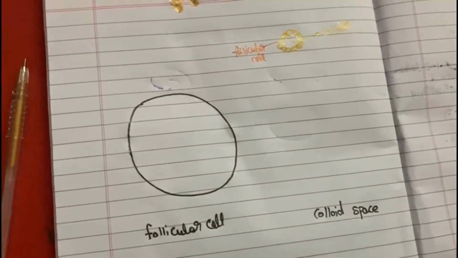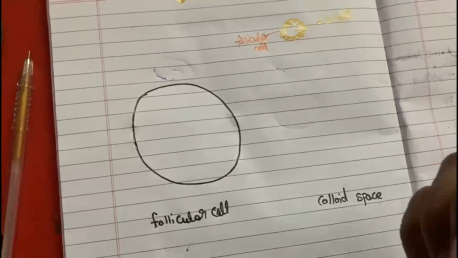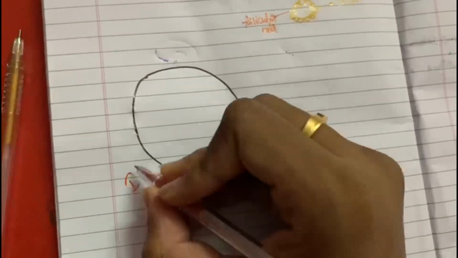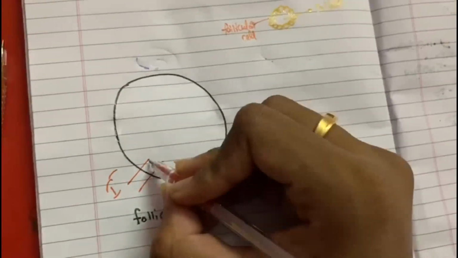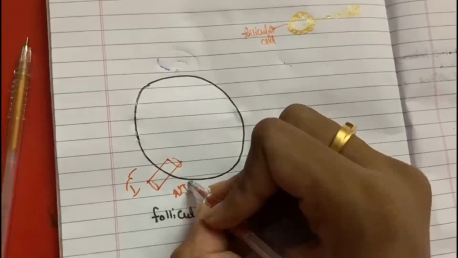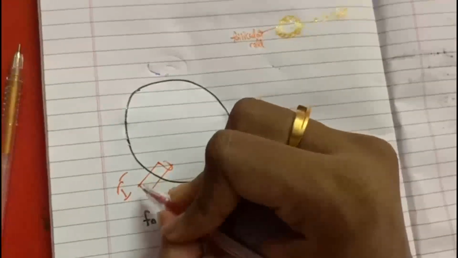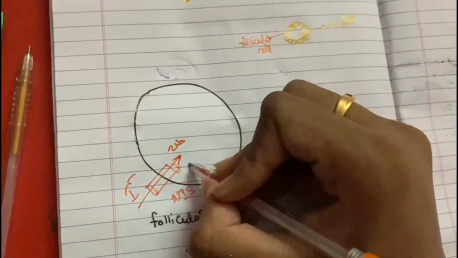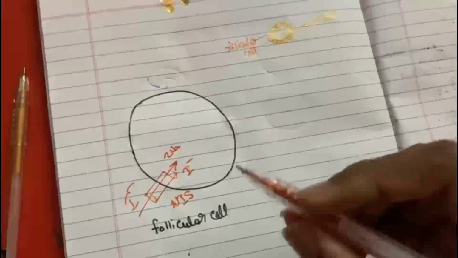The thyroid hormone synthesis mainly requires iodine initially. The iodine is entered into the follicle cell by transport mechanism known as sodium iodine symport. It allows two sodium and a single iodine.